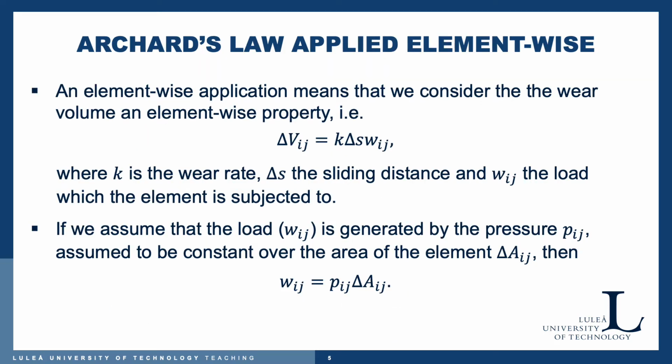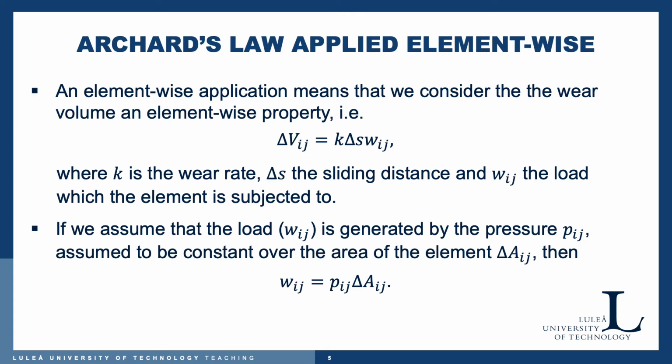So this means that the element-wise property delta V_ij can be expressed in terms of the wear rate K, the sliding distance delta S, and the load W_ij which the element is subjected to.